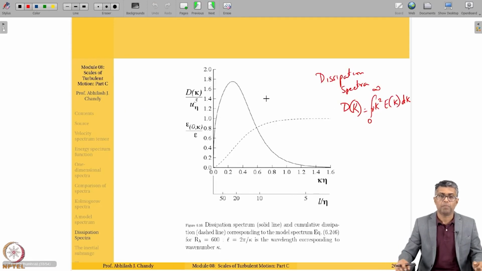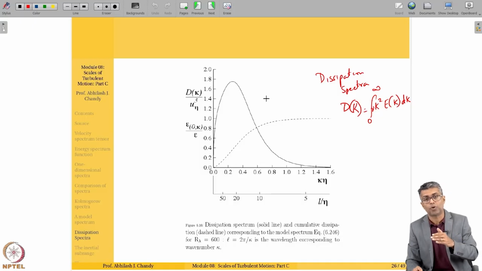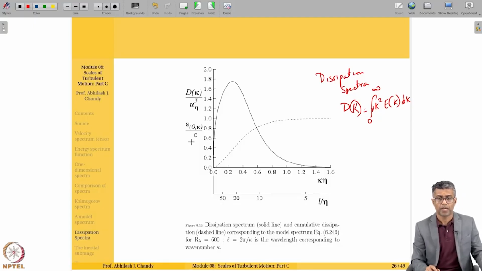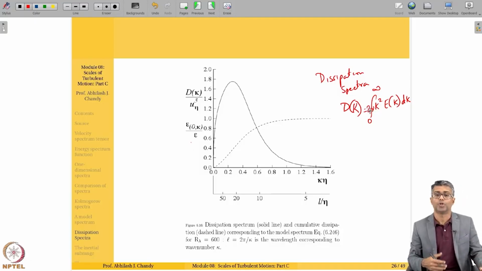Now obviously, because of the way it is calculated, you will get it to be going to 1 eventually, and that is what is happening. This cumulative dissipation is normalized with epsilon, which is the total dissipation. So D of kappa, I should say, is 2 nu kappa squared E of kappa d kappa.